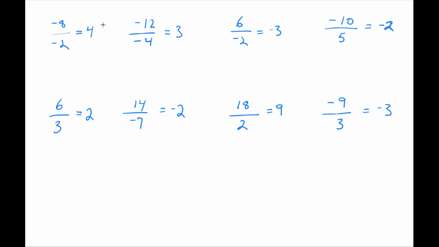They're the same sign, so the answer is a +4. -12 divided by -4, +3. +6 divided by -2 is a -3 because they're different signs. -10 divided by +5, different signs, means a -2. 6 divided by +3 is a +2. +14 divided by -7, that's a -2 because they're different signs. 18 divided by 2 equals 9. -9 divided by 3 equals -3.